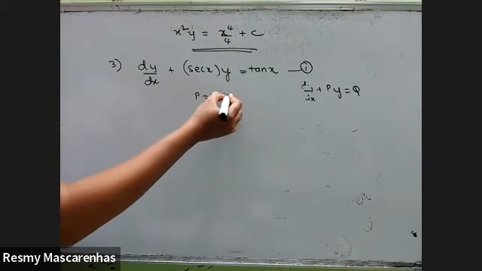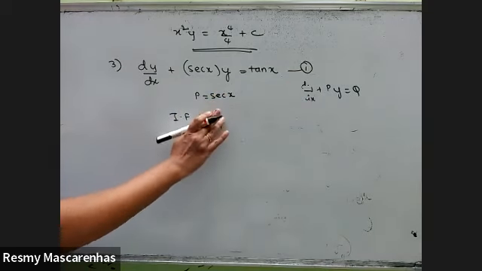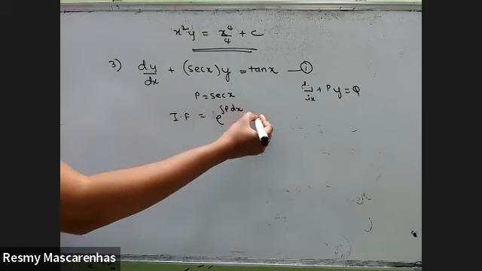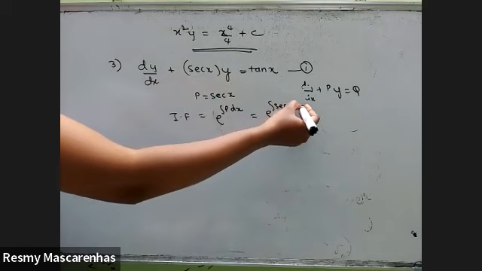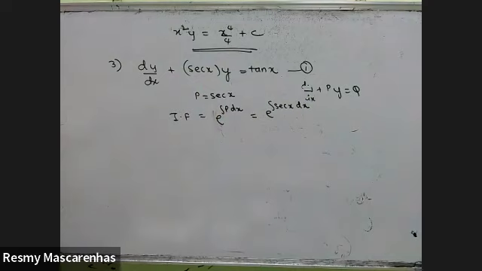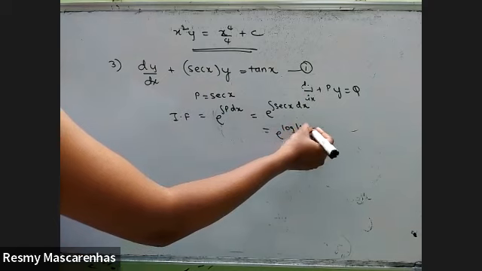P is sec of x. Now we'll find the integrating factor. Integrating factor formula is e raised to integral of p dx. The integral of sec of x is log of sec x plus tan x.